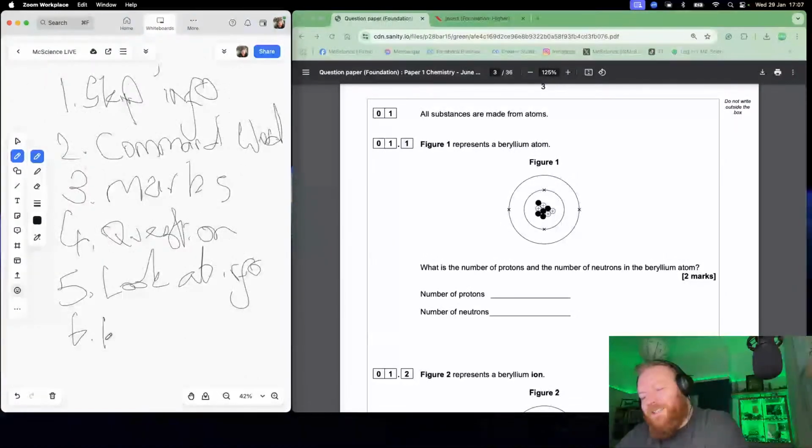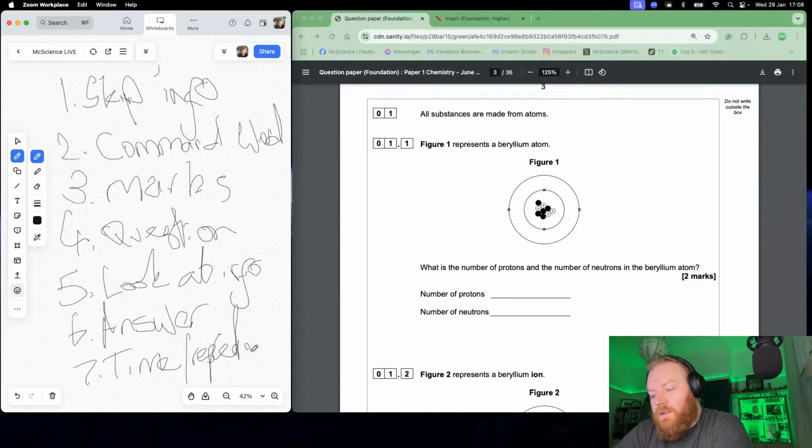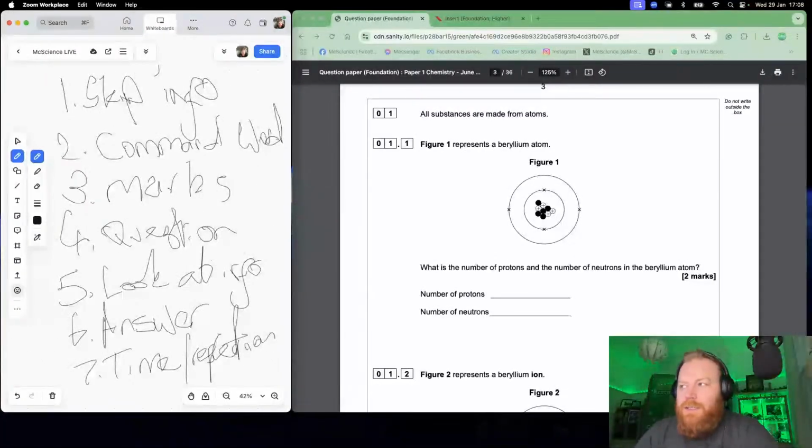Your next step is your answer. So obviously you're going to write your answer, and your final step, which sounds strange, is time and reflection. With this reflection time, you're taking the total amount of exam time that you're given to go over these answers.